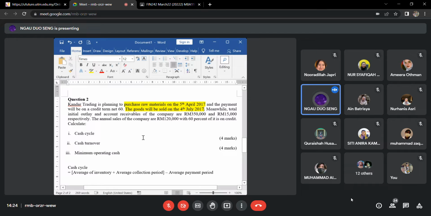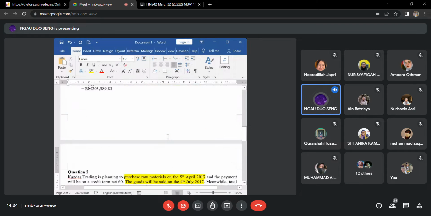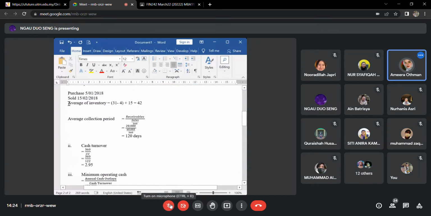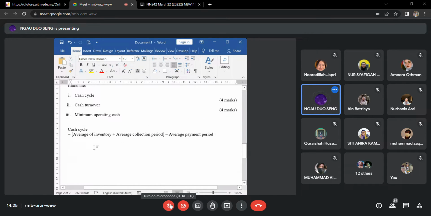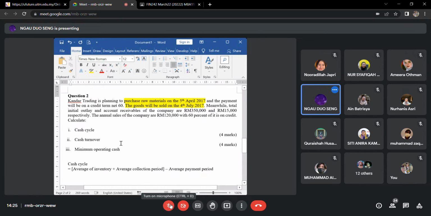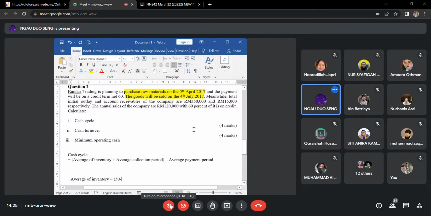So sama. April, we have how many days in April? 30. Alright, April adalah 30 hari. So we have 30 tolak 4. Yes, 4. And then dia sampai Julai. So Mei ada berapa hari? Kita tambah Mei. 31.